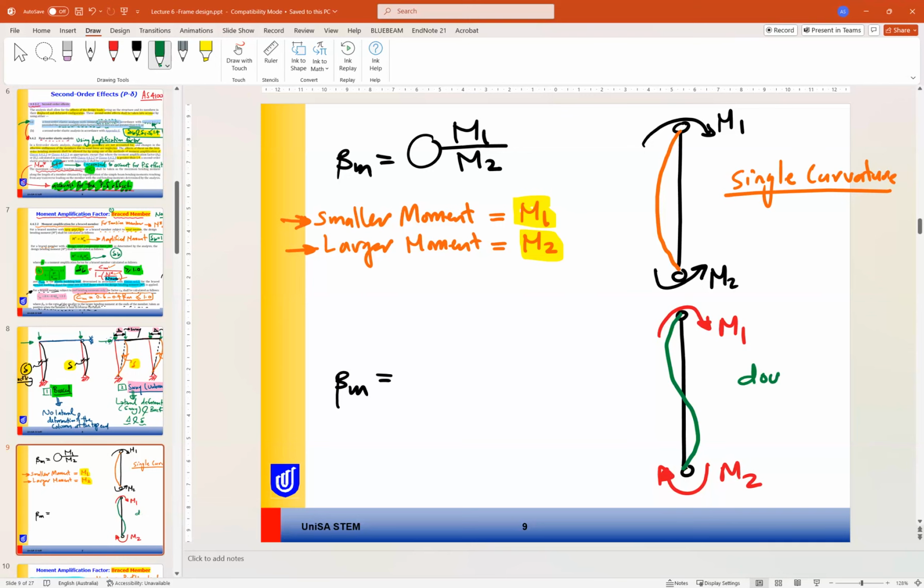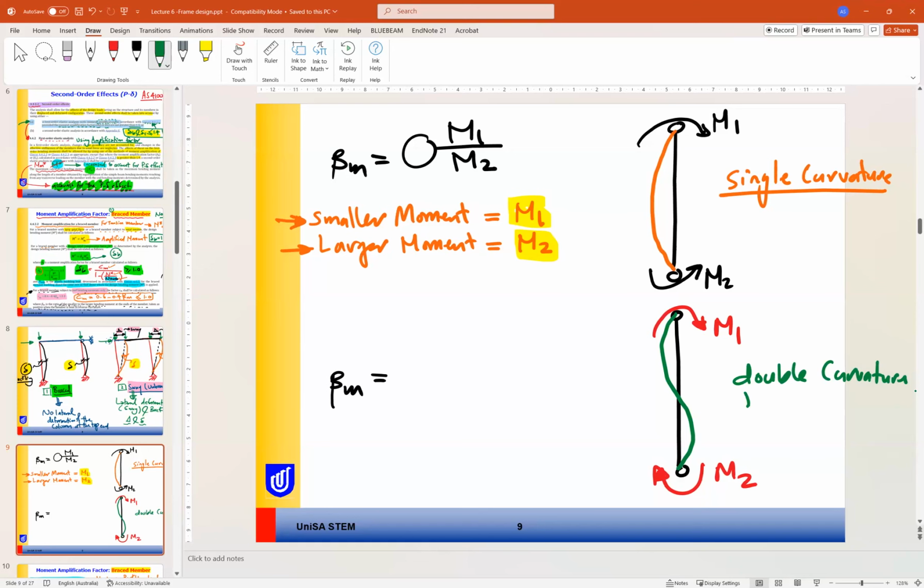This is double curvature or reverse curvature. In both cases, the value is M1 over M2. But the standard mentioned that for reverse curvature, you take it positive.